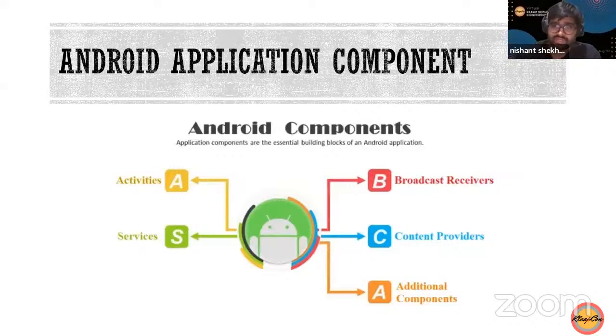All those permissions that you don't actually see happening on the phone every time happen because of the content providers. There are some additional components also that we don't have to get into in detail, because we are not developing an Android application here. I'll move forward to the demo.